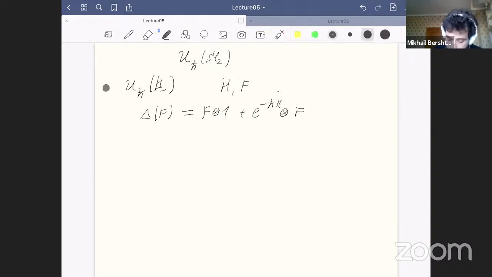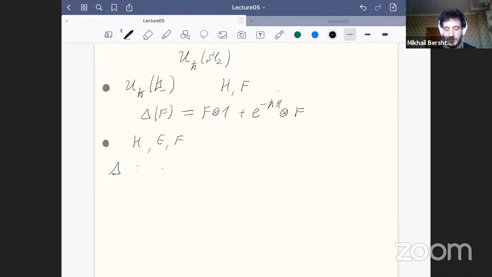And if we combine all this together, we get H, E, F with delta given before, and the only relation we need to impose is a commutator between these two subalgebras, B plus and B minus.